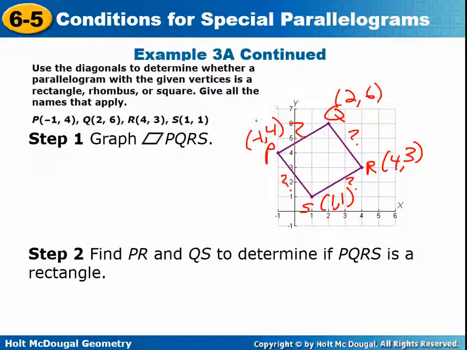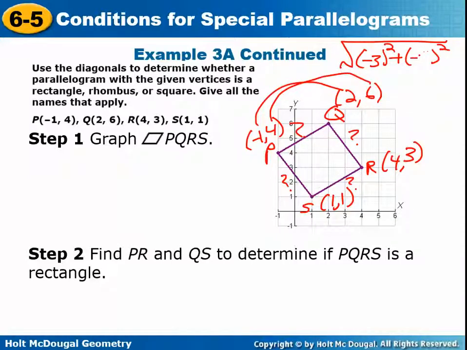The distance formula says that you are going to take the square root of, and then you subtract the x-coordinates and square it, and you subtract the y-coordinates and square it. Okay, x minus x would be -1 minus 2. That would be -3. And y minus y would be 4 minus 6, which is -2. So I'm going to take the square root of this. This would be 9 plus 4, so the square root of 13.